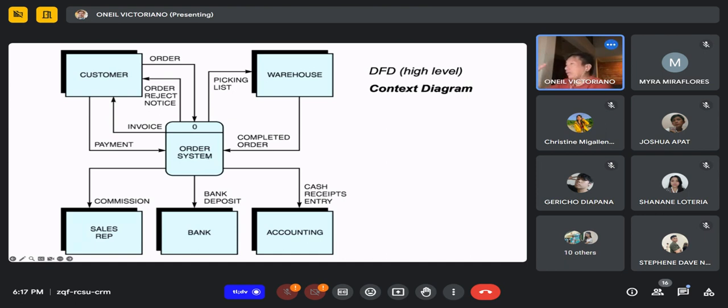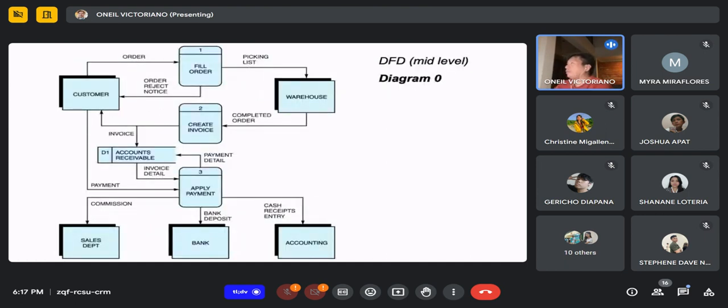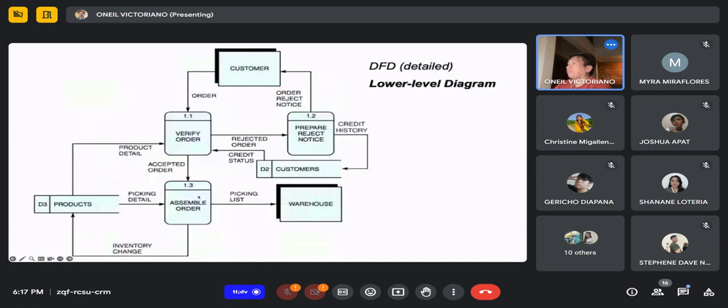If you break down the order system, you will have the mid-level diagram zero. If you try to notice, it depicted different processes. From the order, it will fill order, create invoice, apply payment, and all of these are actually system processes or system functionality, with different data within different functions.